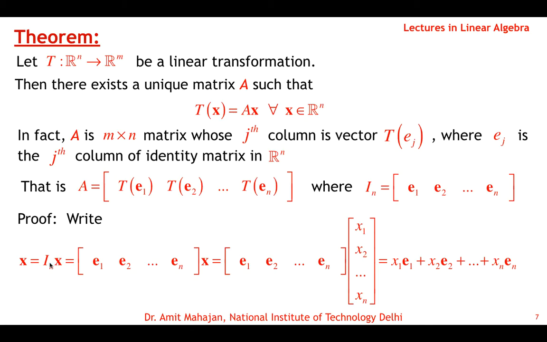Because we write the identity as this row matrix E1, E2, and so on En, and the x vector is a vector in Rn, it will have n elements in the column, so it will be x1, x2, and so on xn. Now we can multiply to write it as E1 x1 plus E2 x2 plus so on En xn. So x1 E1 plus x2 E2 plus so on xn En. So any vector x can be written as a linear combination of E1, E2, and so on En.